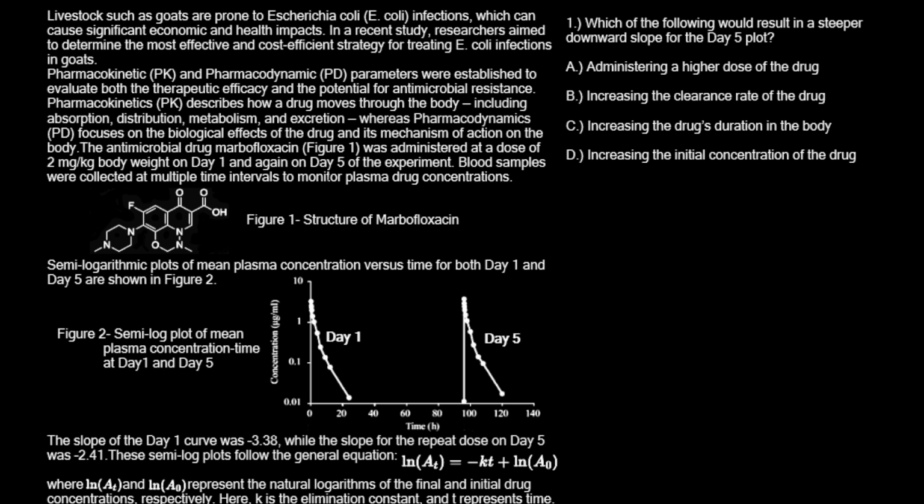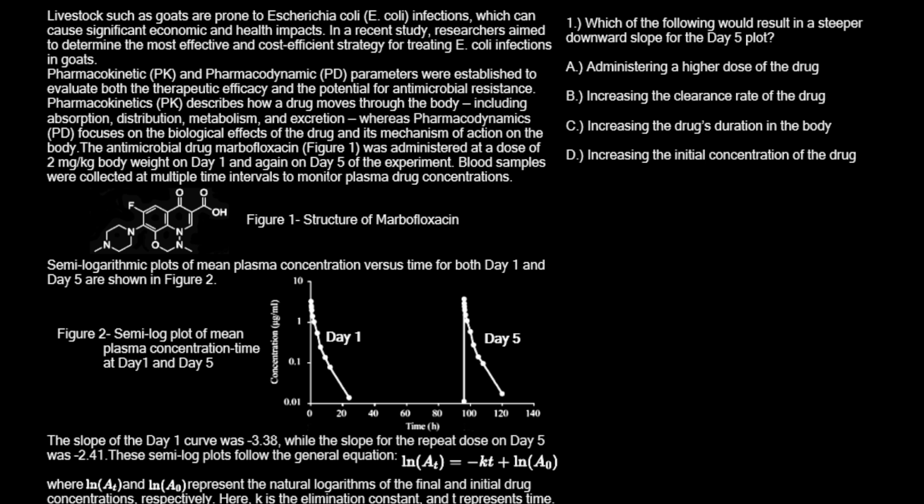Semi-logarithmic plots of mean plasma concentration versus time for both day 1 and day 5 are shown in figure 2. Figure 2 says semi-log plot of mean plasma concentration time at day 1 and day 5. The slope of day 1 curve was negative 3.38, while the slope for the repeat dose on day 5 was negative 2.41.